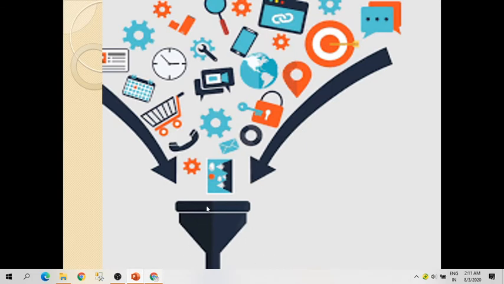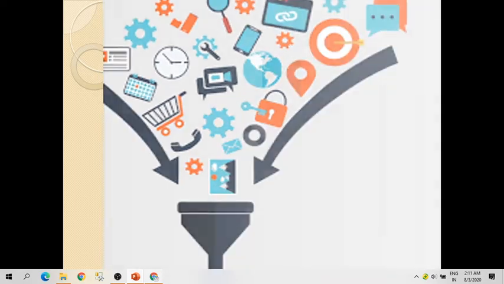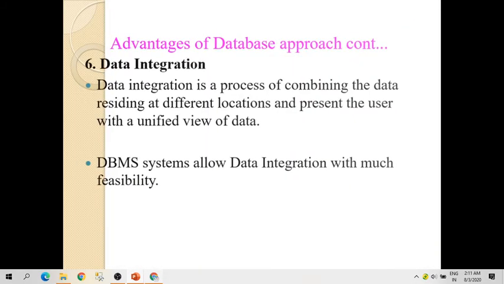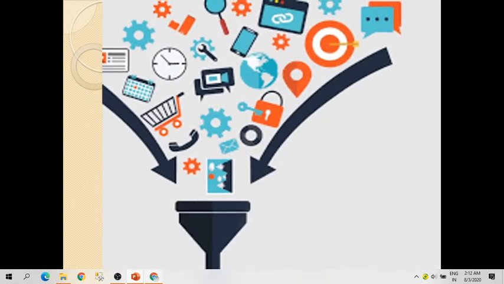Here the filter is being shown and it is combined and then shown in a much more feasible way, a unified view. That is data integration.